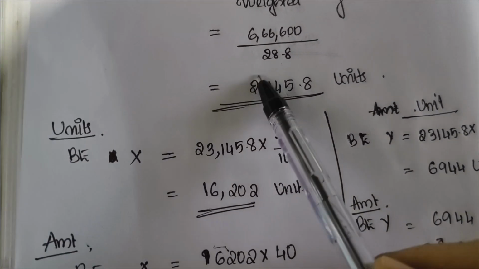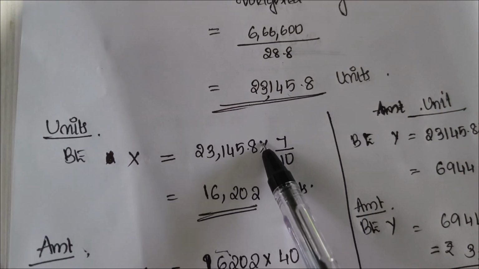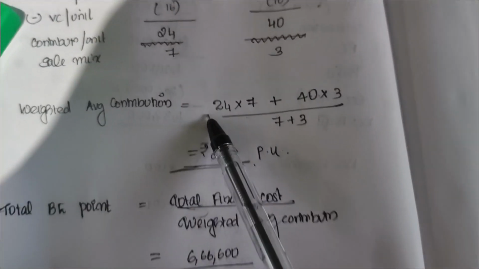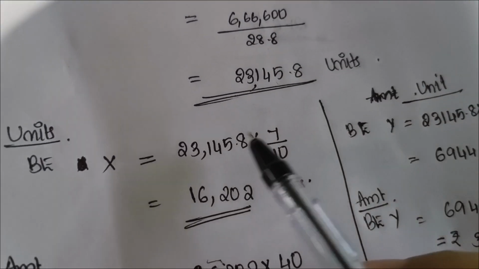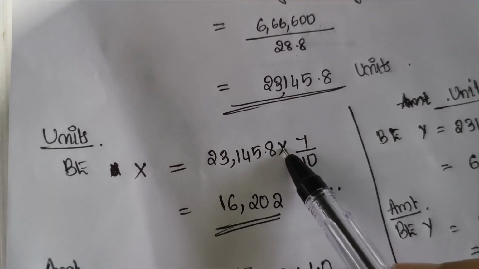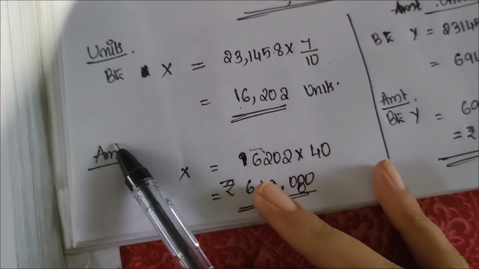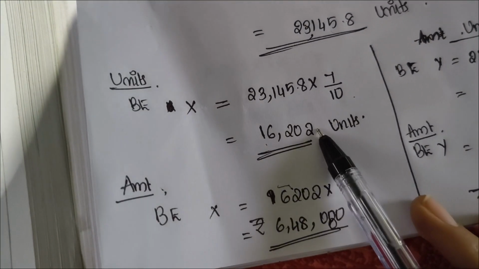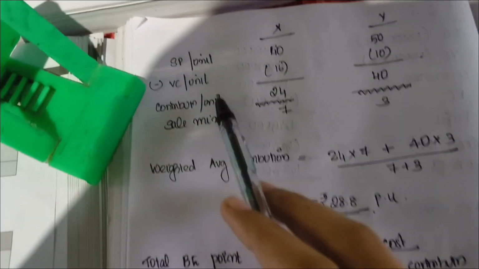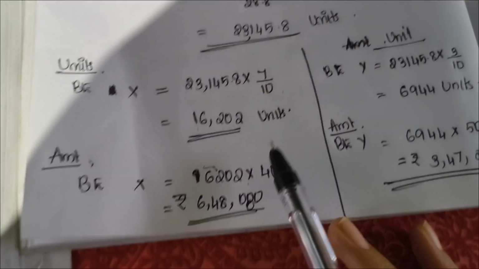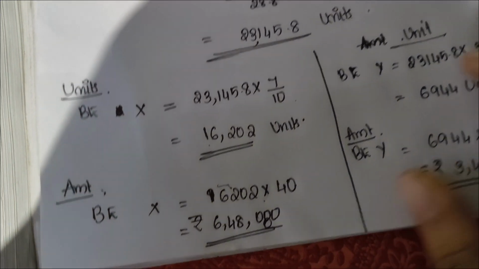Break-even point of X is 23,145.8 into weight of X. What is the weight of X? 7 divided by total 10. So 23,145.8 into 7 by 10 is 16,202 units, and the amount will be 16,202 into the selling price per unit of X, that is 40. So we will get the break-even point of X as 6,48,080 rupees.